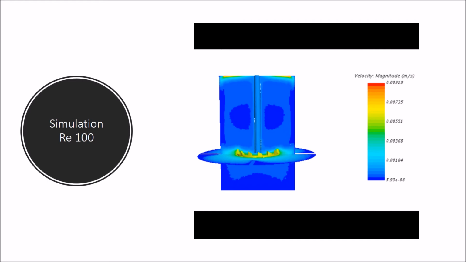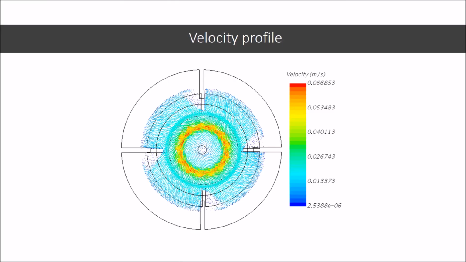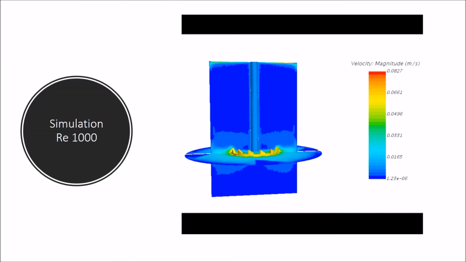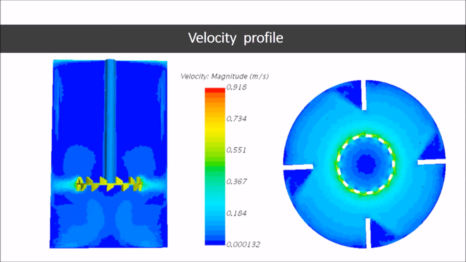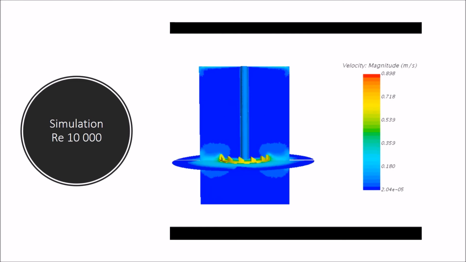And you can see the tank is mixing and the velocity is increasing in all the tank. Now the maximum Reynolds number for the transition regime. Now the simulations for the turbulent regime.